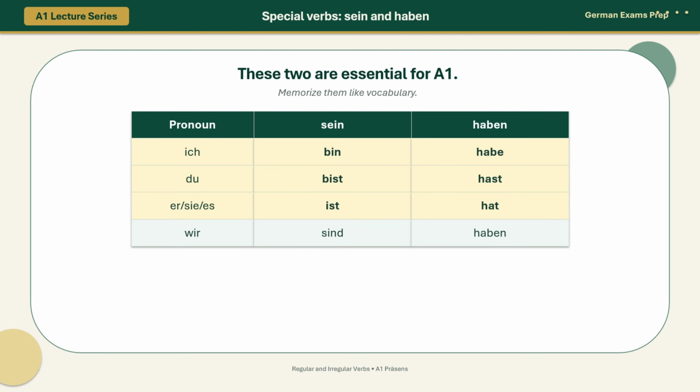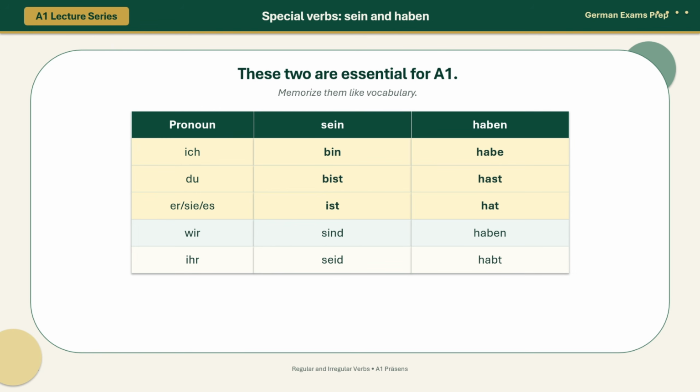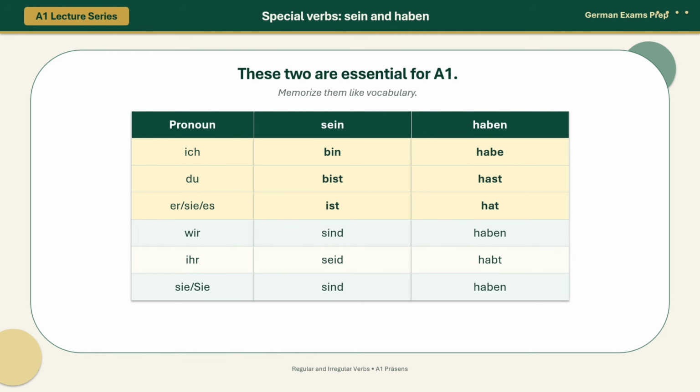Wir sind, wir haben. Ihr seid, ihr habt. Sie sind, sie haben. These verbs appear again and again in A1 German exams and A2 and B1 and so on. So please memorize them very well.